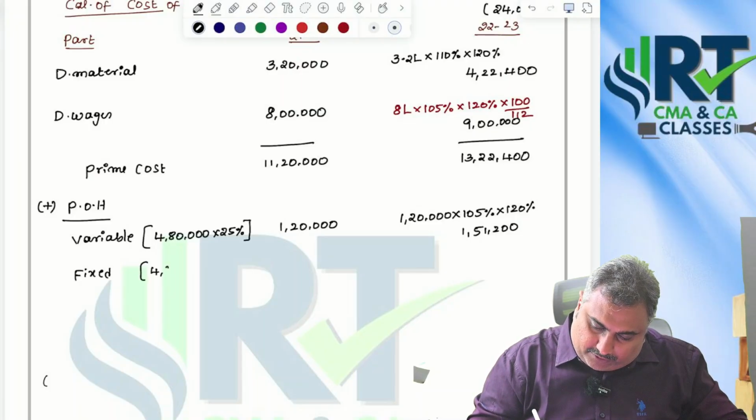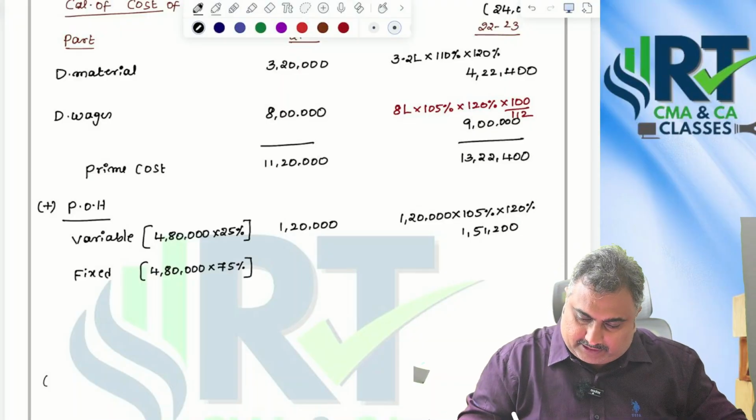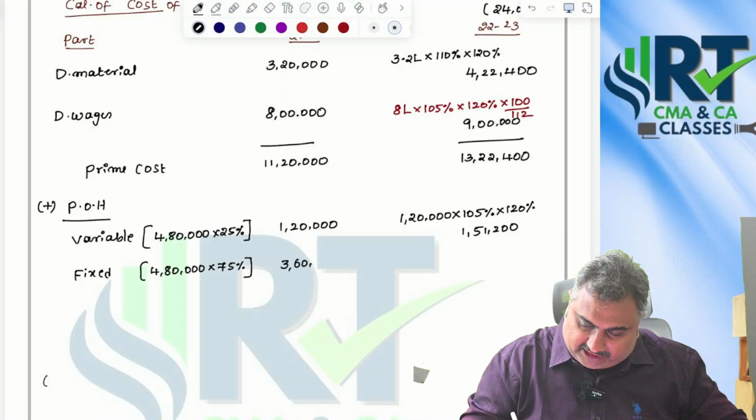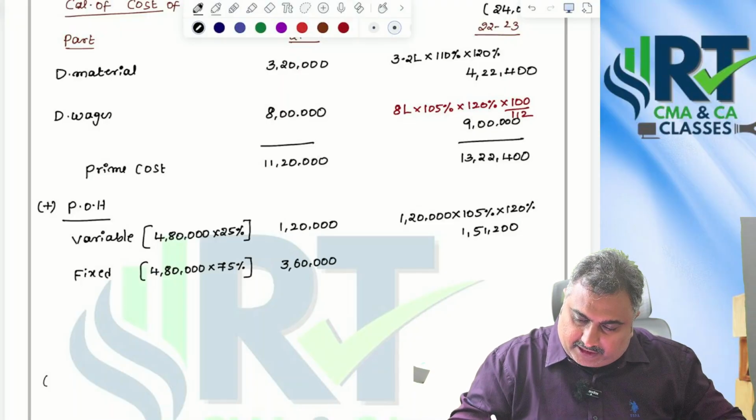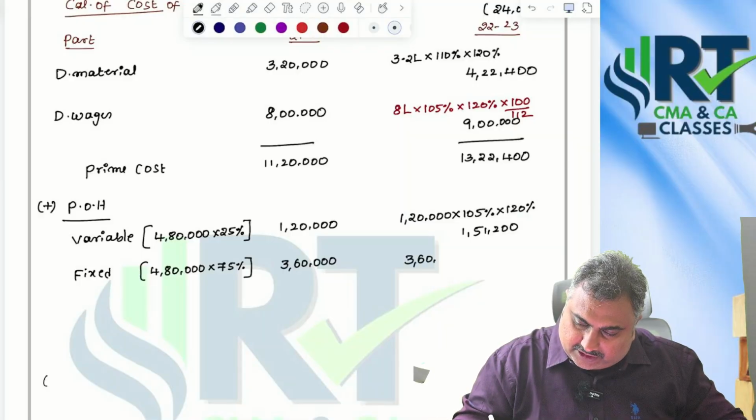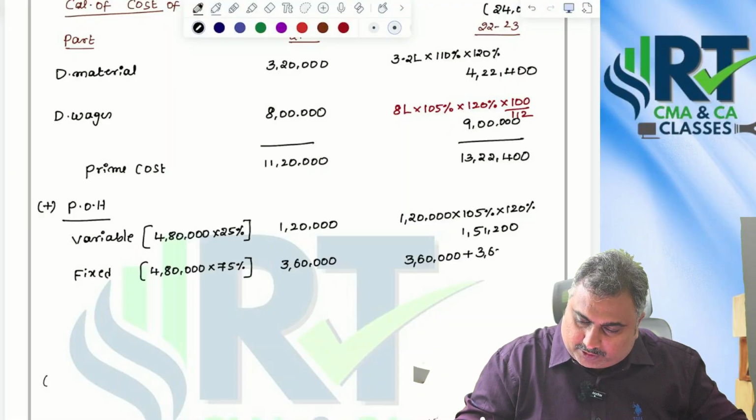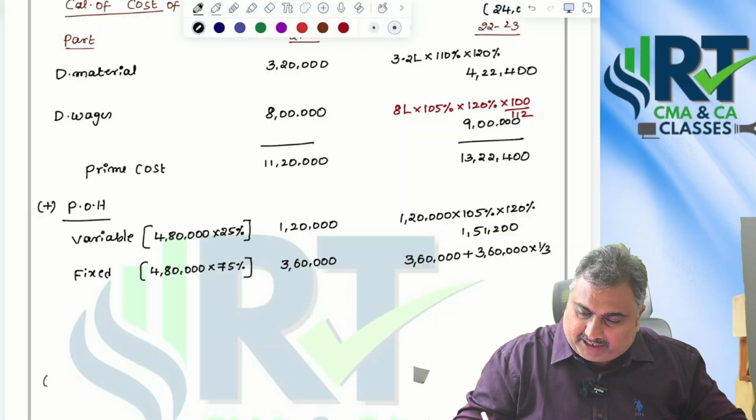Then it comes to fixed production overheads. Whenever your variable part is 25%, automatically your fixed part is the balance, that is 75%. Then you are getting 3,60,000. Here 3,60,000 into, once you check the question, they said it was increased by 33%, so into 4 by 3.